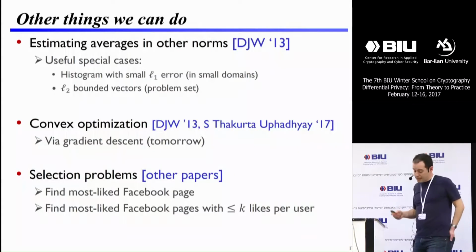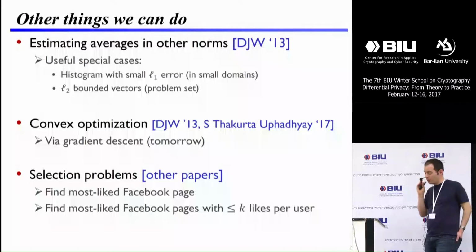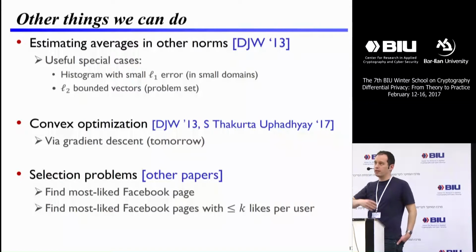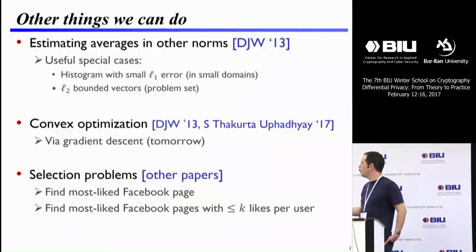That said, there do exist local protocols for other things. As I said, anything you can do in the SQ model, you can do in the local model. There are some particularly nice protocols for estimating averages of vectors under various assumptions about the vectors. Some of these are from this paper of Duchi, Jordan, and Wainwright that I mentioned earlier.